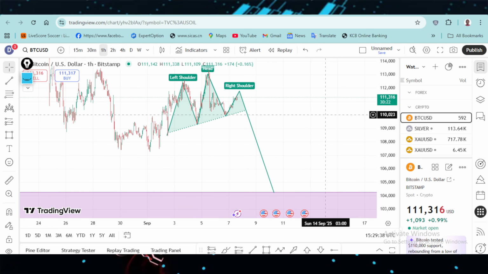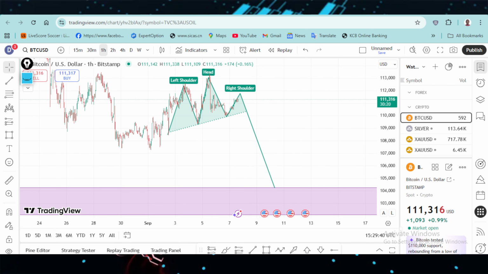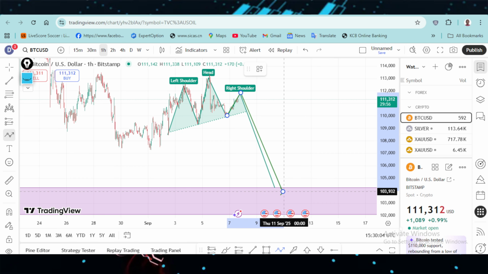Make sure you have a trading system that has a stop loss and a take profit. So what is next? We need to see this right shoulder finish before we can move to the downside. I will leave it like that to see how far it will go, because what we want is for this move to complete, this move to the downside.